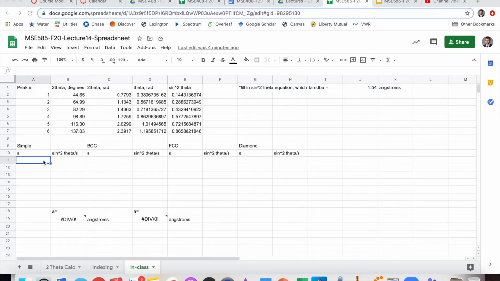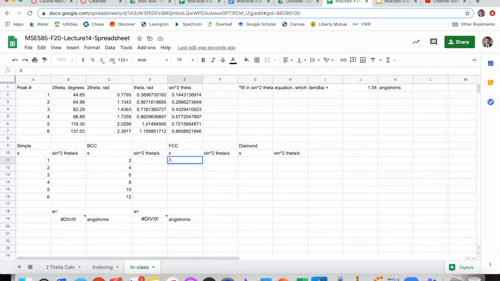So you'll remember that my S values for simple were simply 1, 2, 3, 4, 5, and 6. For BCC, it ends up being 2, 4, 6, 8, 10, and 12. Again, if you're wondering where those come from, take a look at Appendix 9.